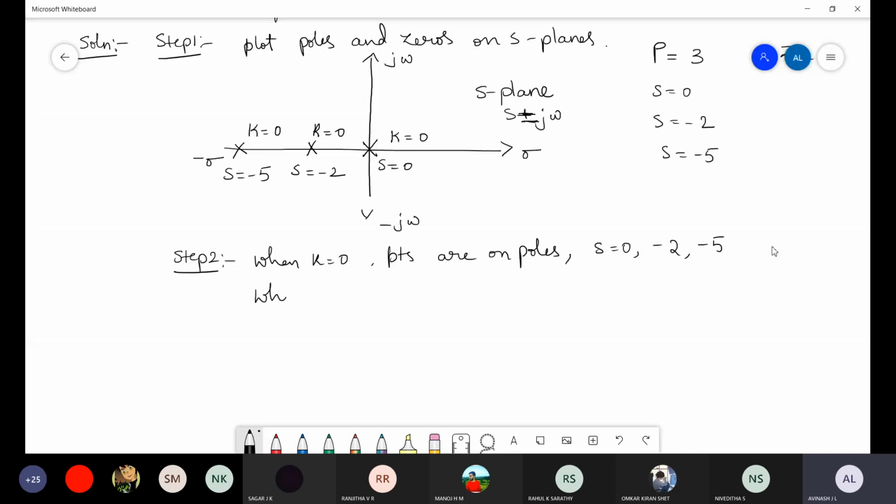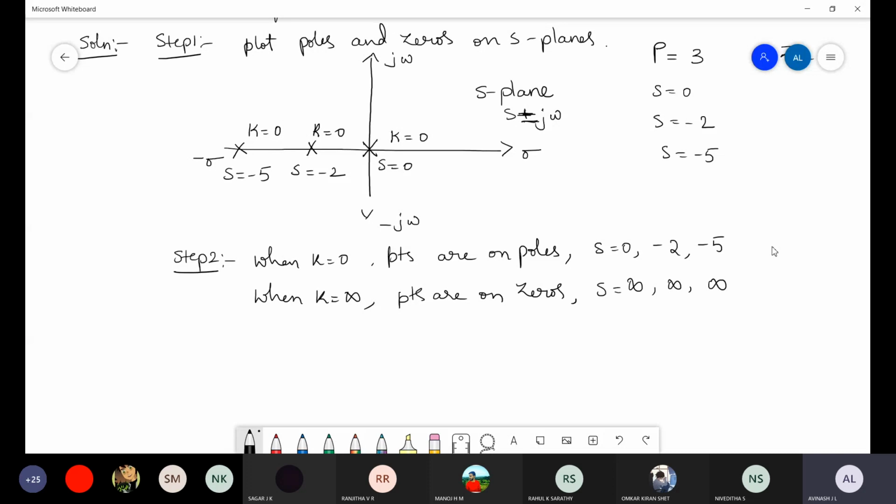Similarly, when k equal to infinity, so 0 to infinity we need to consider, points are on zeros. Since zeros are not there, s will be ending at infinity, infinity and infinity.